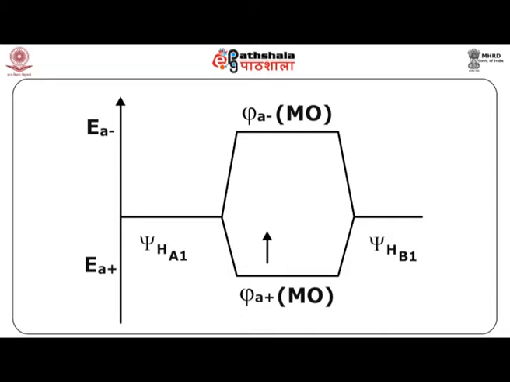Now, the two molecular orbitals which we have got can be represented in a diagram as shown here. You can see that there is the psi HA1 atomic orbital and the psi HB1 atomic orbital. When they combine, they form the Phi A plus molecular orbital, which is lower in energy, and the Phi A minus molecular orbital, which is higher in energy.